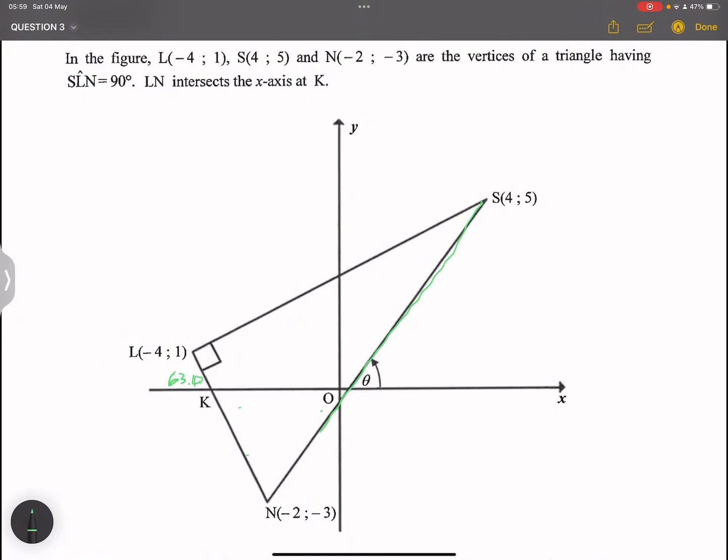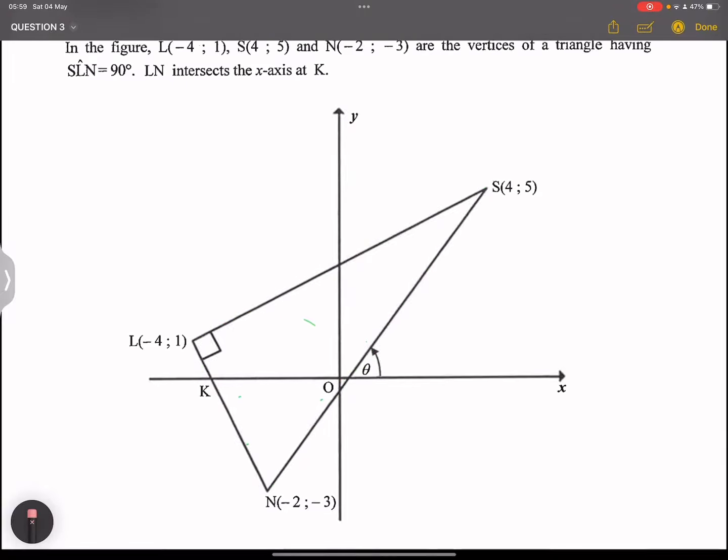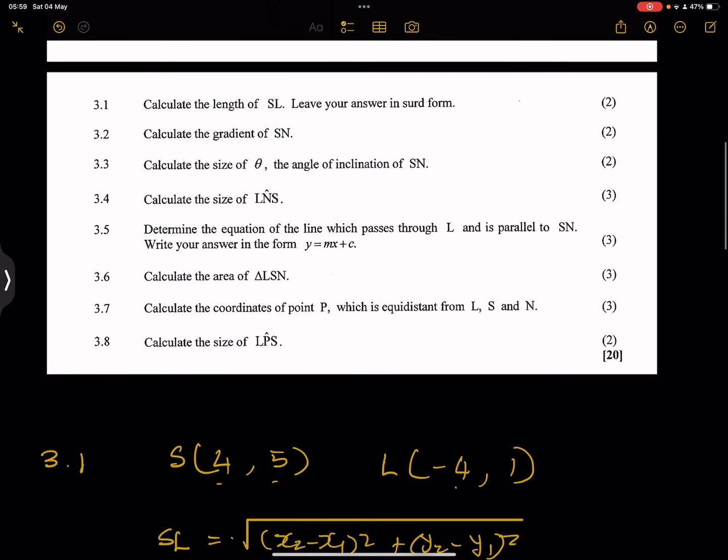So I could have found the length of LN and used the sine of angle LNS. So the sine of this angle is opposite over the hypotenuse. So in that case, what would that give me? It would give me the size of that angle there. And that's how the cookie crumbles. Let's go on to the next one.